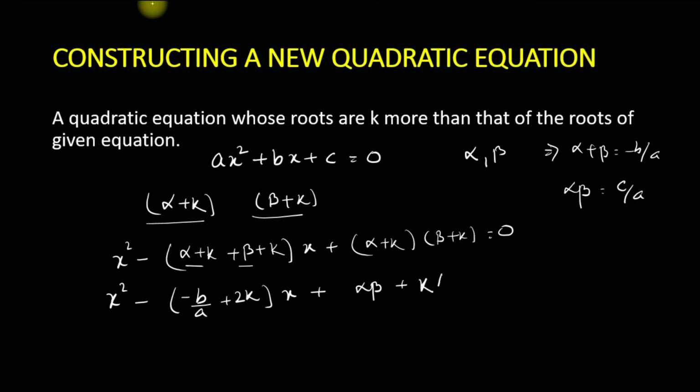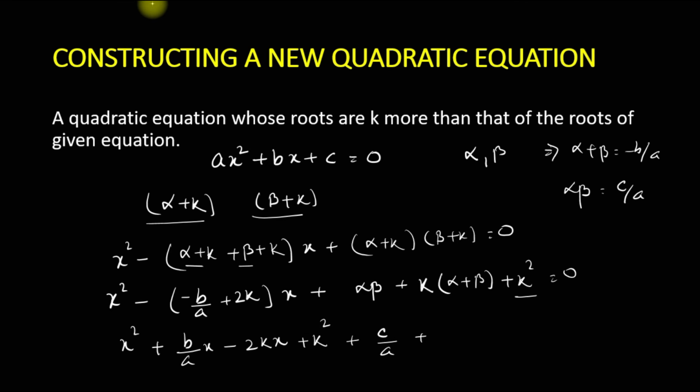We take k as common, so alpha k plus beta k gives k times alpha plus beta, plus k square, equal to 0. Now see here, this is x square plus b over a into x minus 2 k into x. Now this k square can be written here, k square. So alpha beta is c over a, and plus k into alpha plus beta, which is minus b over a.